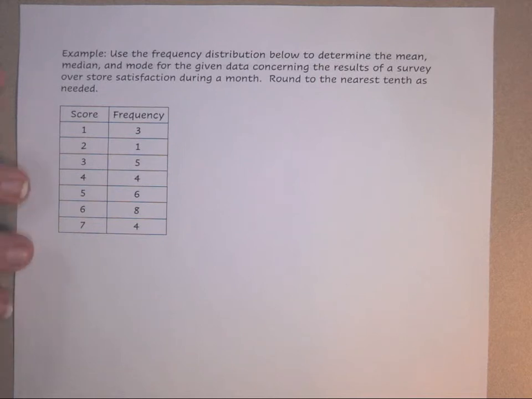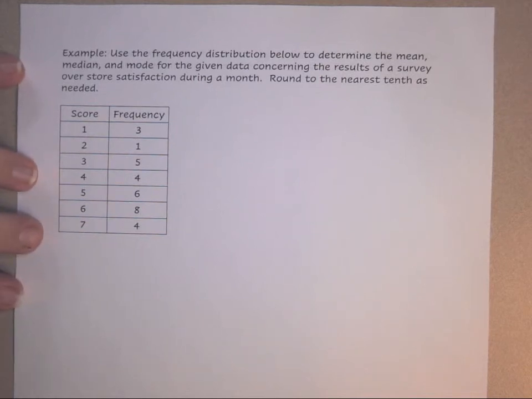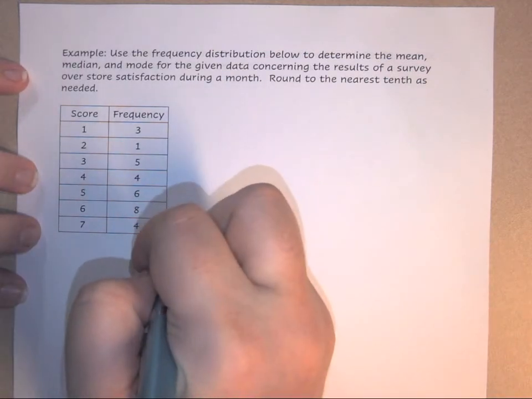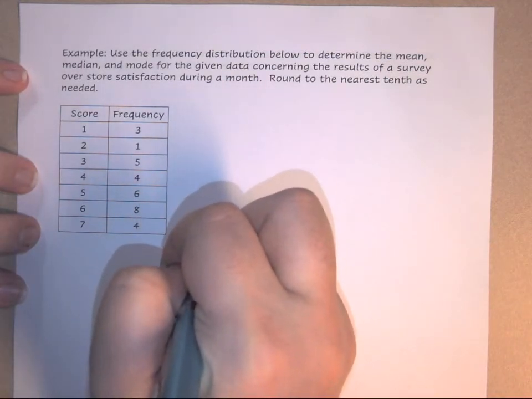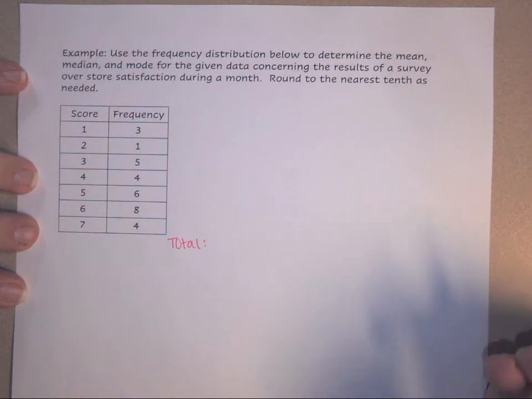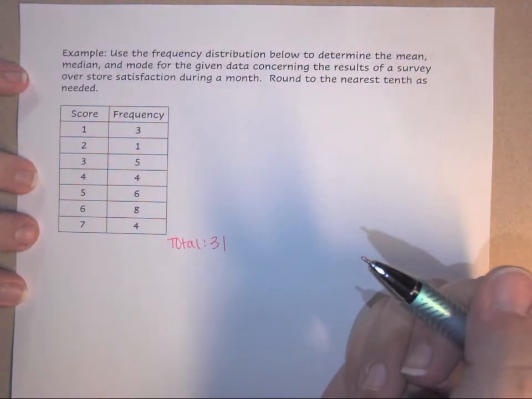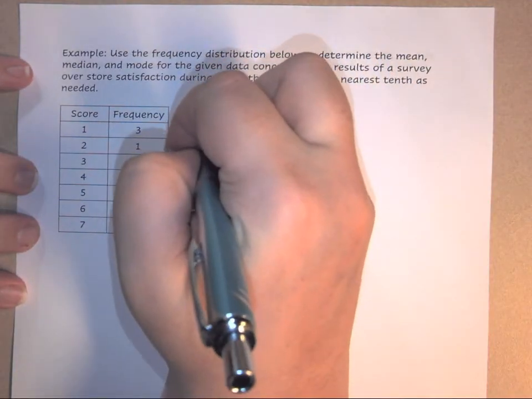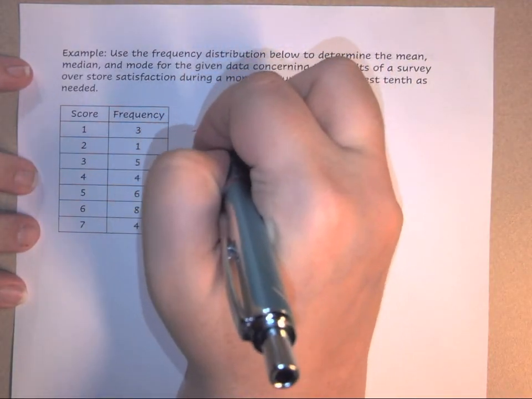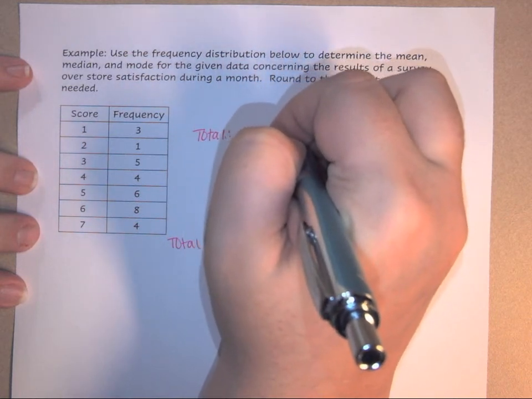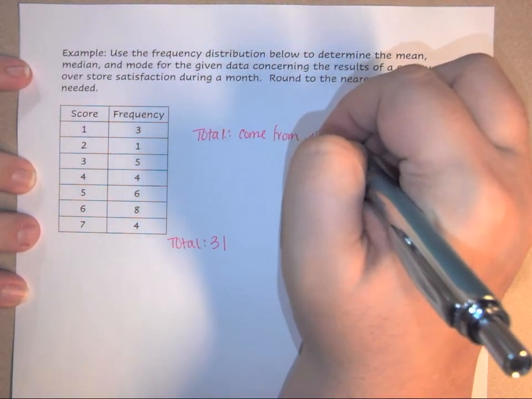So here we can still again find the mean, median, and mode for those different data points. So the first thing I need to know is my total. So my total in this case is 31, and this is going to come from the scores.